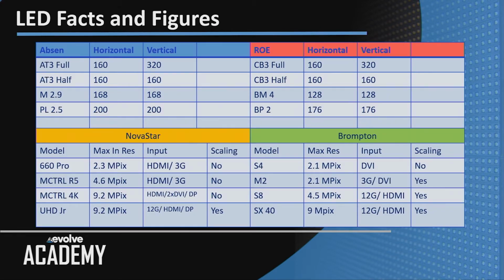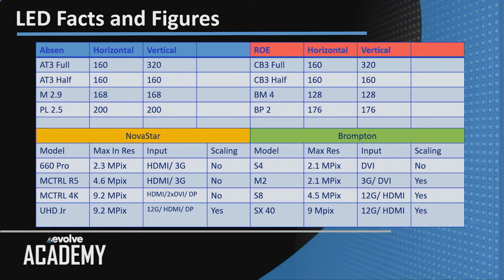On the bottom here, we have Novastar and Brompton and some comparisons between the processors, the senders. So Novastar, the 660 Pro, the R5, the 4K, and the UHD Junior. And on the left, we have the Brompton, the S4, the M2, the S8, and the SX40. So let's look at these. The 660 Pro, this is not the regular 660, the 660 Pro.